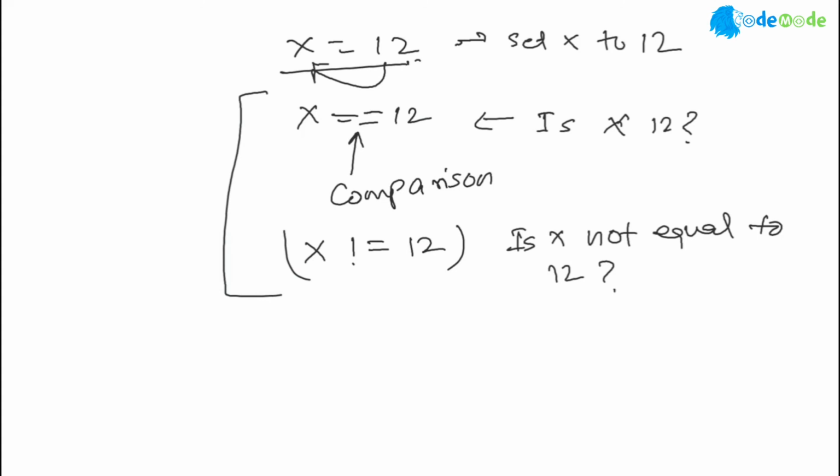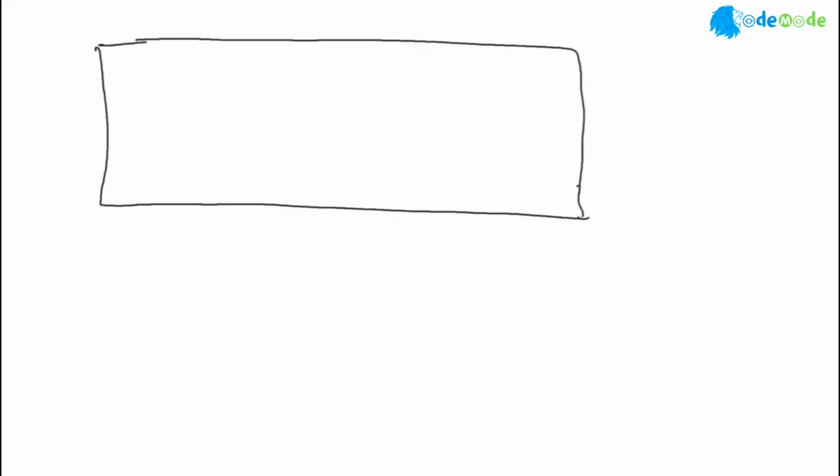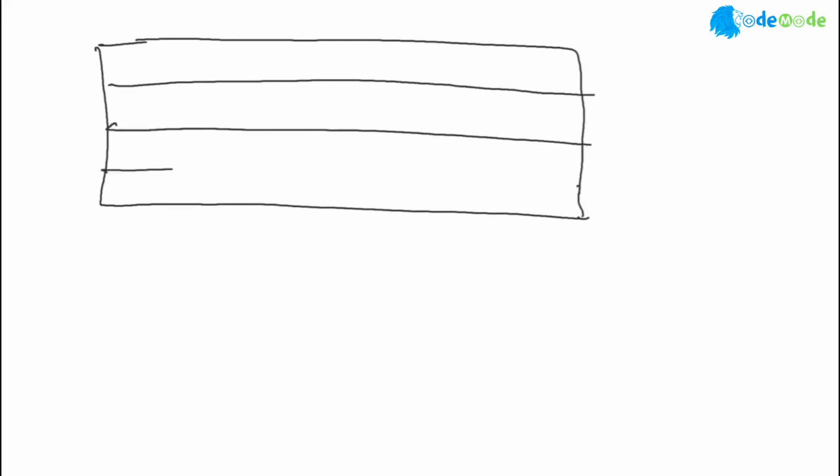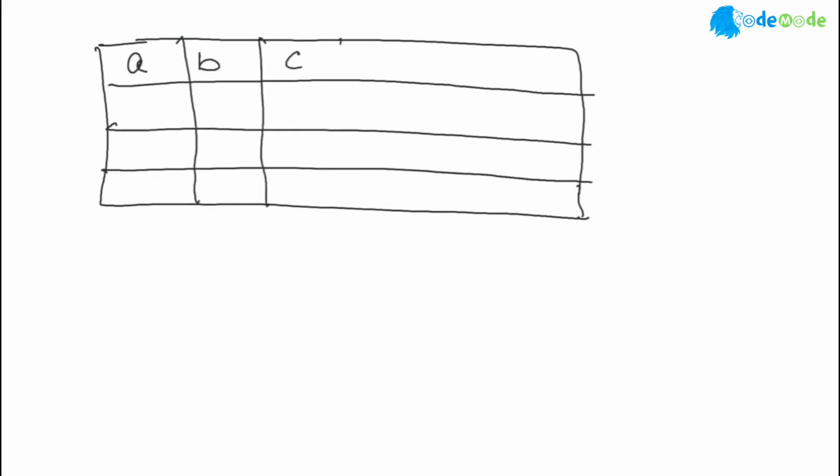Now, what we will do is a quick practice. I want to make sure that you guys are comfortable. So let me create a table, and I'll shout out the name, and I want you guys to answer it. So this is my value A, this is my B, this is my C, and then these will be my expressions.